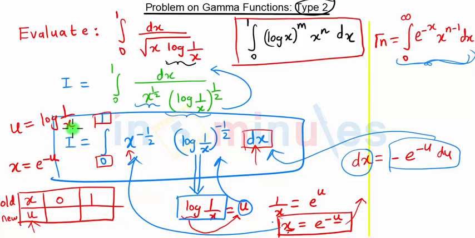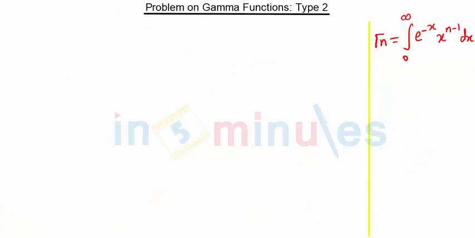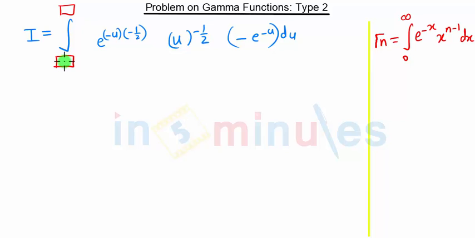If we put x equal to 0, log of 1 by 0 is nothing but infinity, so u will be infinity. And if we put x equal to 1, it will become log of 1, and log of 1 is nothing but 0. So our new integration limit is from infinity to 0.